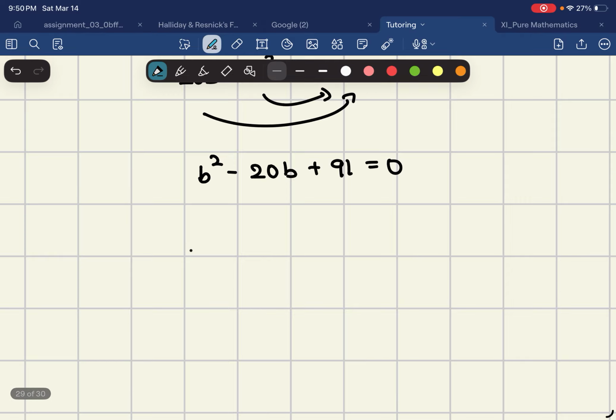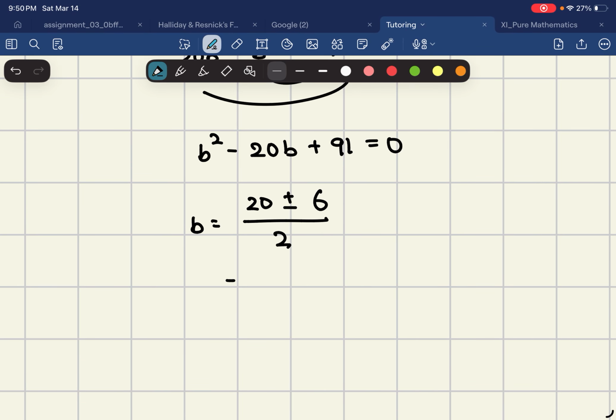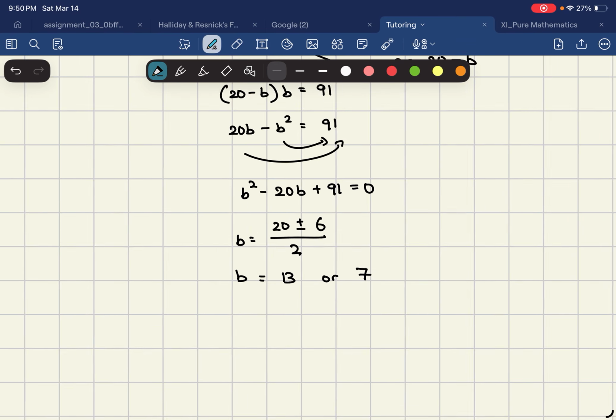And if I solve this equation, then b is just 20 plus or minus the square root of, I'm going to do it very quickly, 400 minus 4 times 91, so 364. So this is actually just going to give me 6 inside my surd, inside my square root, all over 2. So I have b is equal to 13, or b is equal to 7.